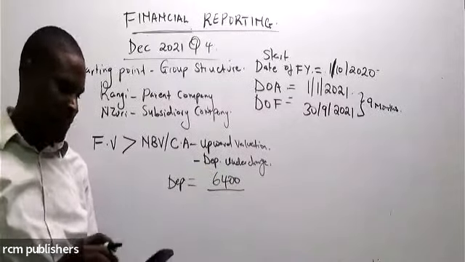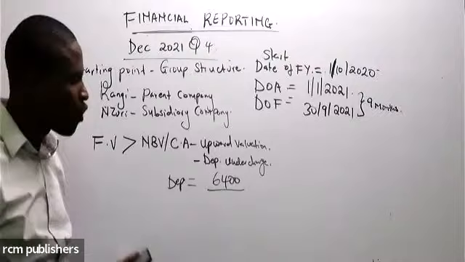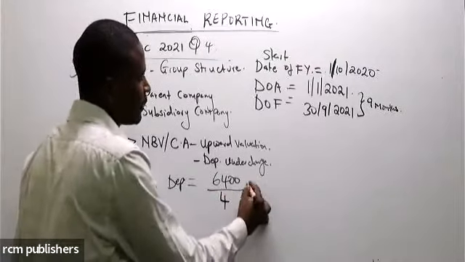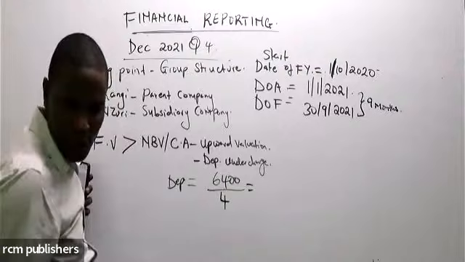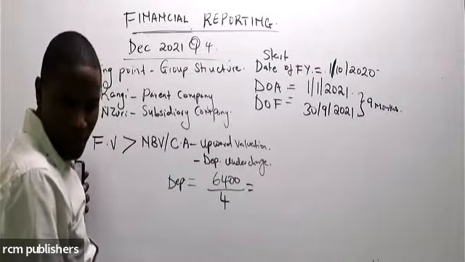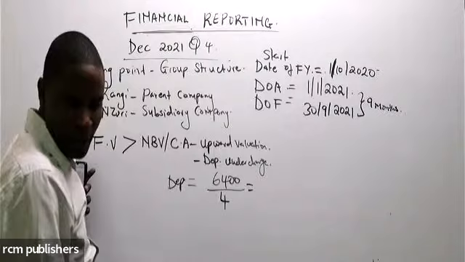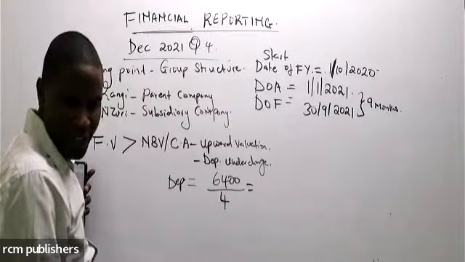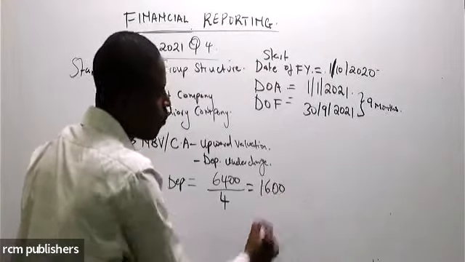You have been given 4 years. So give me the total. 24 by 4 is 6. 1,600.